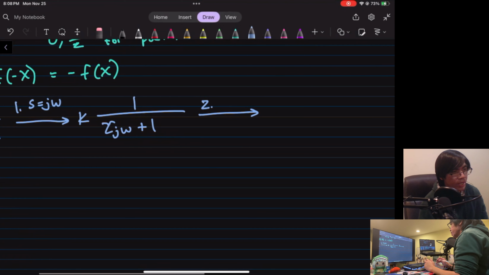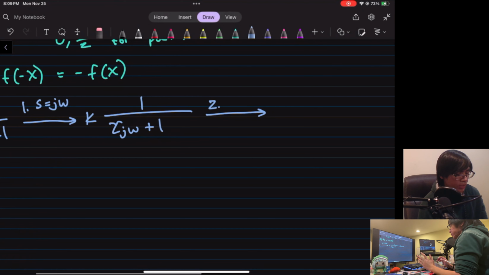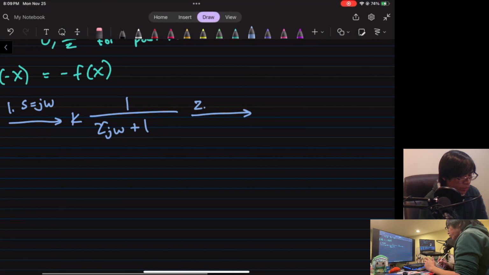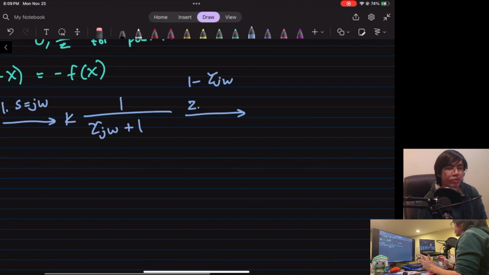We're going to be multiplying by the complex conjugate of the denominator. In this case, I'll move the 1 in front so it looks better. It'll be 1 minus tau j omega. Remember, we just inverse the sign in front of the imaginary. It's always real plus imaginary for complex numbers. Here, the real portion is 1, imaginary is tau j omega.